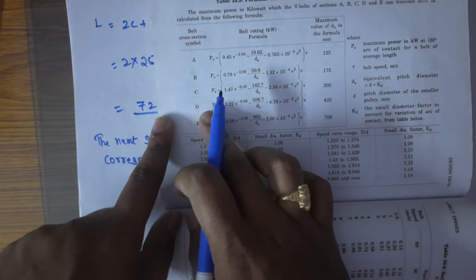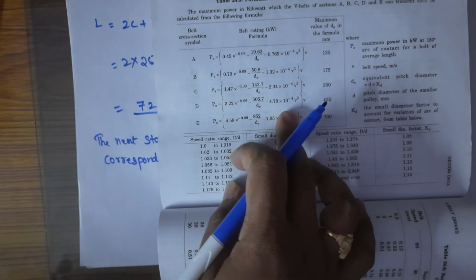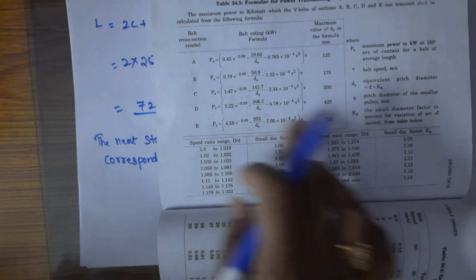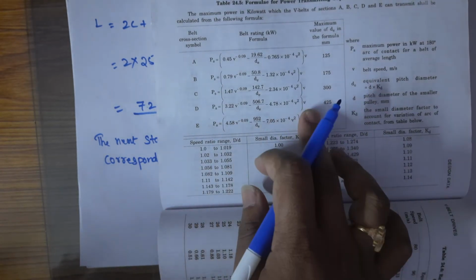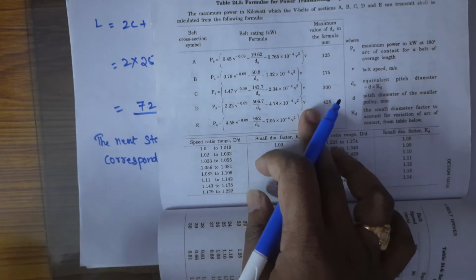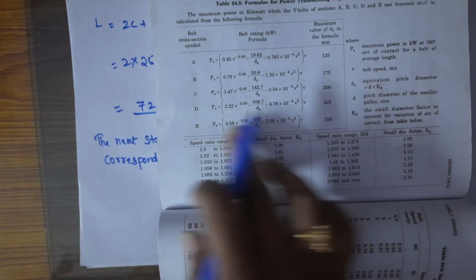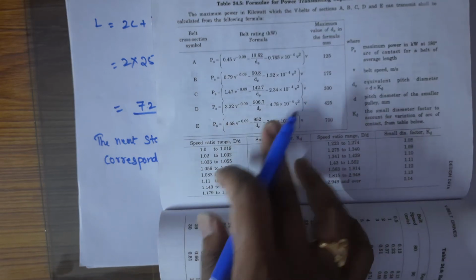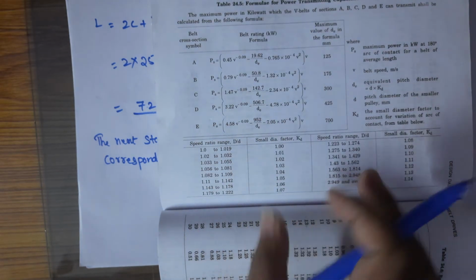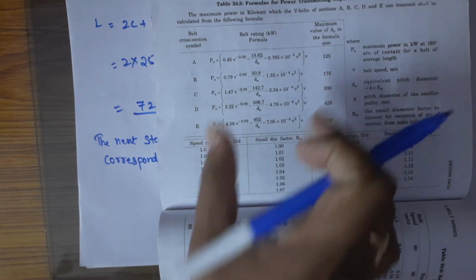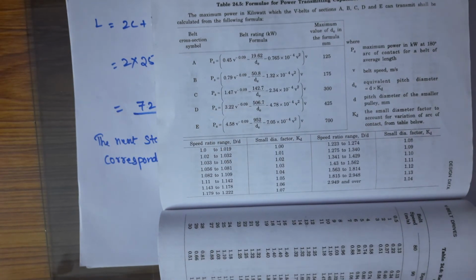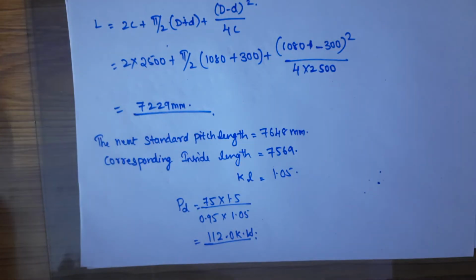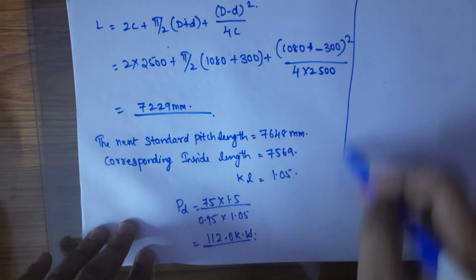Based on this formula we are going to select the power rating of a belt. So we need to calculate the power rating of a belt, and whatever power rating we get should not be over the maximum power which the V belt can transmit, calculated using that formula.